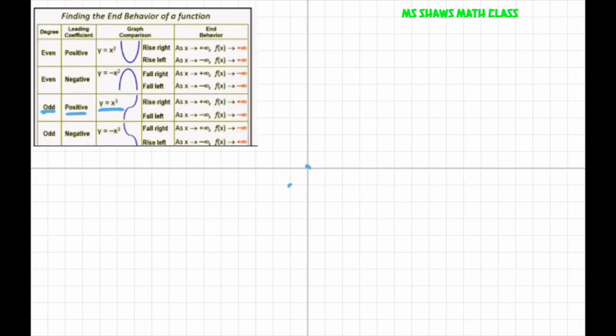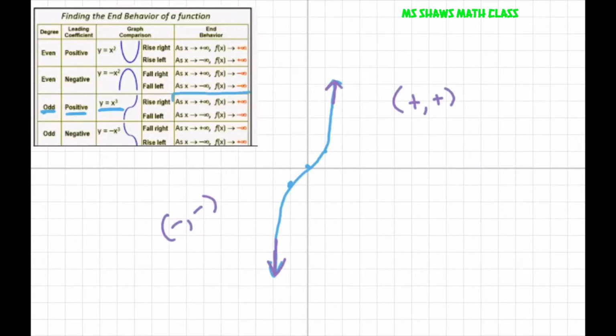Something like this. So what we're looking at when we're looking at end behavior is where we're going to start this graph as we graph from left to right. So we're starting in quadrant 3 and we're going to end in quadrant 1. So that's this part right here. All right.